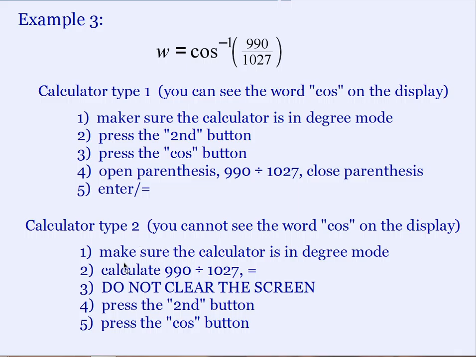On calculator type 2, do the division first. So 990 divided by 1027, and don't clear the screen. Then you're going to press the second button and choose cosine. That's going to give you the inverse cosine. Don't hit enter. What's on your display is going to be the degrees for angle W.